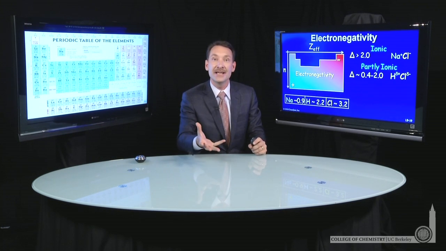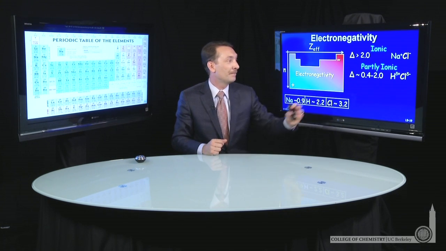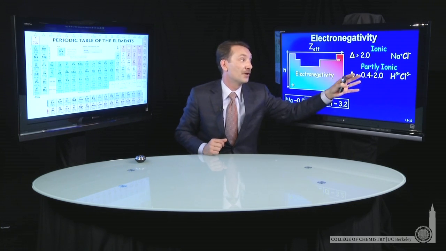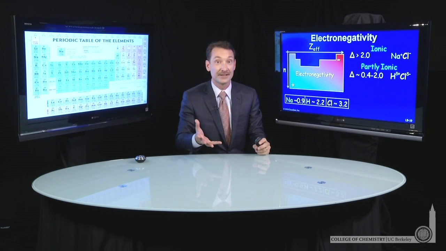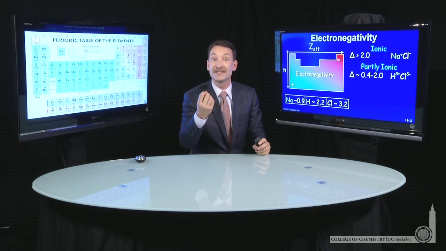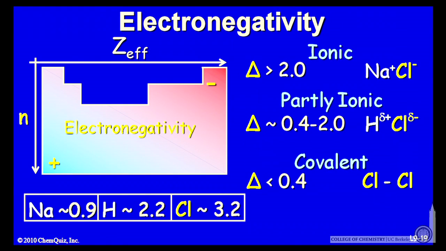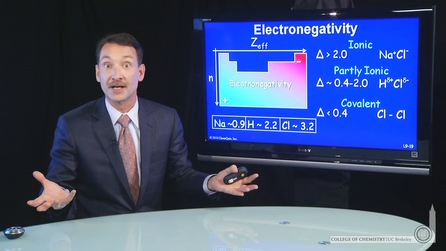You can have intermediate differences in electronegativity. Here's partially ionic hydrogen chloride, where the difference is modest. That's still a polar bond and still rather strong. If you look at lower differences, here's a covalent bond where the difference in electronegativities is rather slight. In fact, for the homonuclear chlorine-chlorine bond, there's no difference in electronegativity.